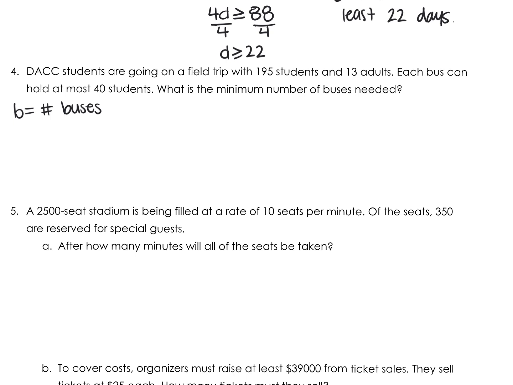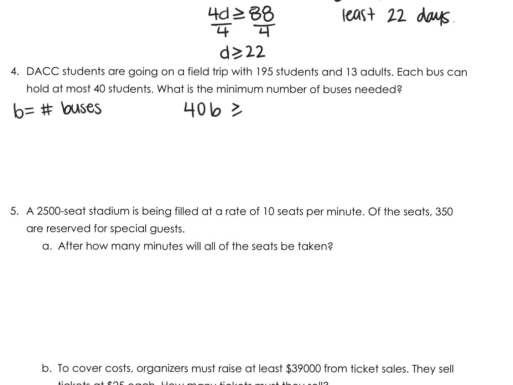So when it comes to our inequality, we can fit 40 students on a bus, so 40B. And then we have to be greater than or equal to, because if it's a minimum number, the inequality is always going to be greater than or equal to.